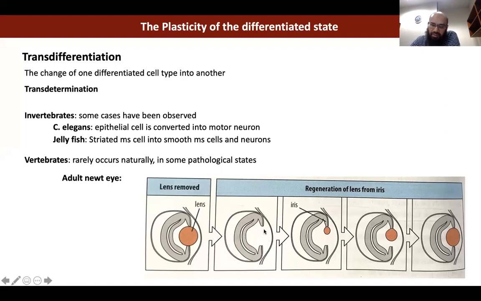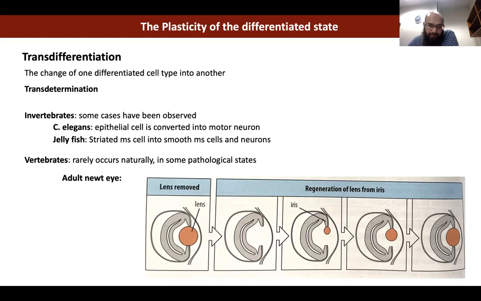What happens is there are these pigmented epithelial cells, and when you remove the lens, they start to de-differentiate, and they change their shape from flat to more columnar epithelial cells. They lose their pigmentation, and they start differentiating into lens cells, which then secrete the lens. Of course, it's a gradual process, but this process is not dependent on the age of the organism.